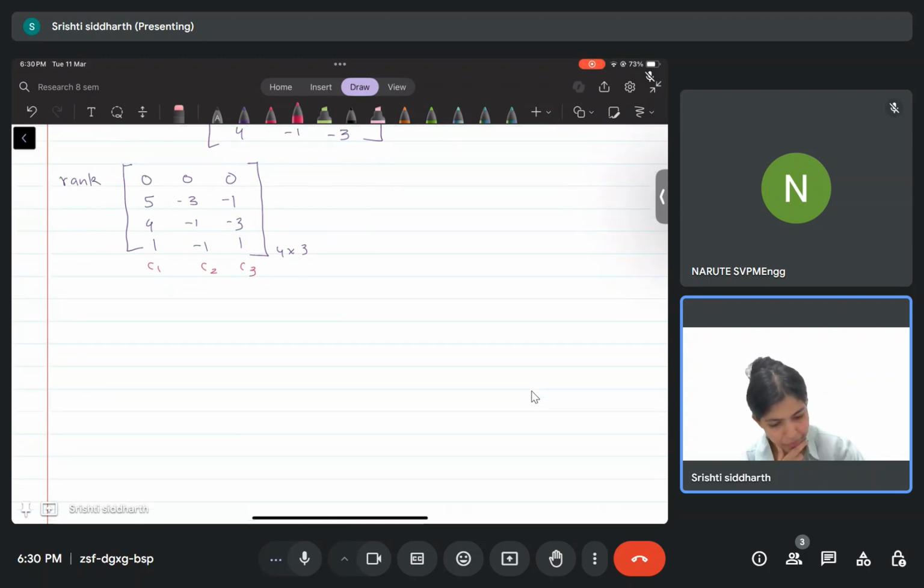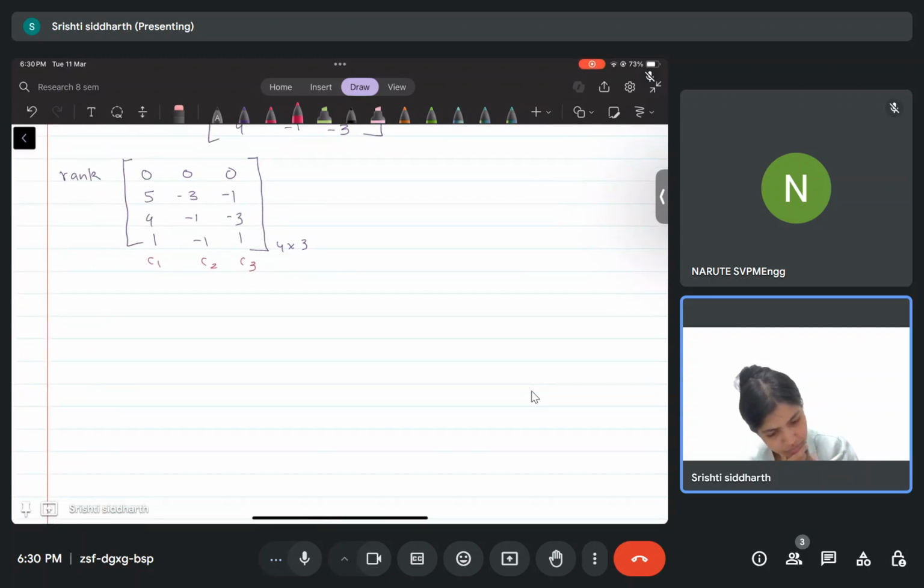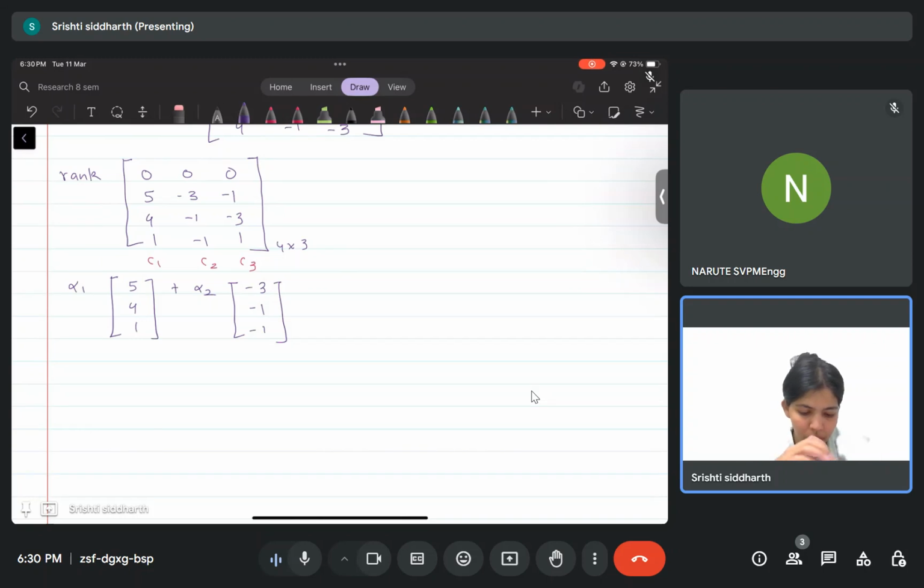So let's see: alpha 1 times (1, 5, 4, 1) plus alpha 2 times (-3, -1, -1) plus alpha 3 times (-1, -3, 1). You can just omit the row of zeros.